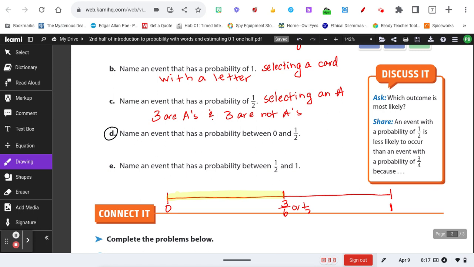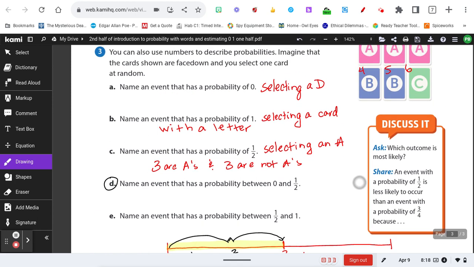I'm on D. If this is 0, then 1/6 is in here, 2/6 is in here. So let's think about something that has a probability of 1/6 or 2/6, because that's in between 0 and 1/2.